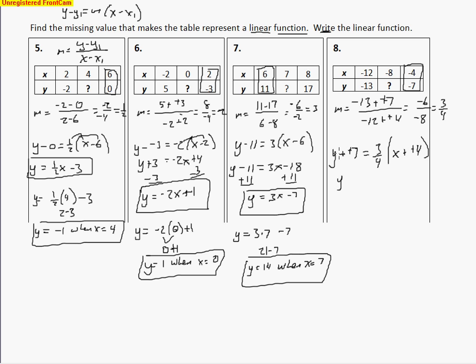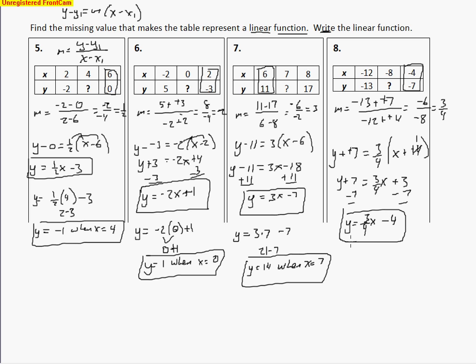So I'm left still with y plus 7 equals 3/4 times x, and so I'm going to go ahead and write that next to it now, 3/4 x, and this 4 cancels out and changes to a 1, so the 4's cross cancel, so 3 times 1 gives me 3. So when I go ahead and subtract the 7 from both sides, I'm left with y equals 3/4 x minus 4. So that's the function.